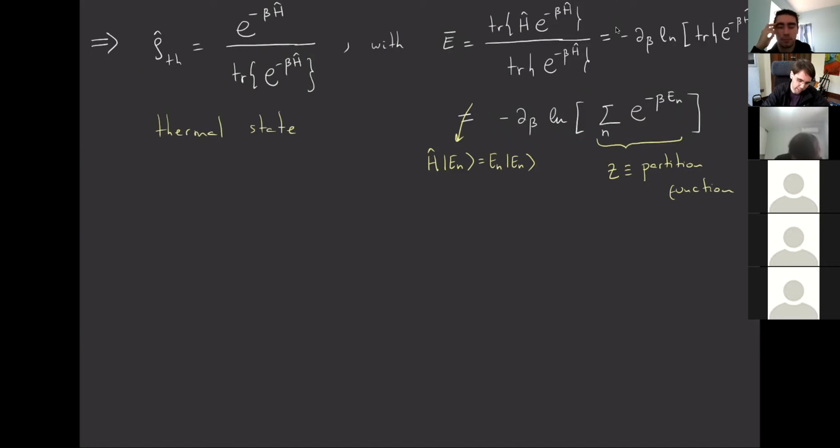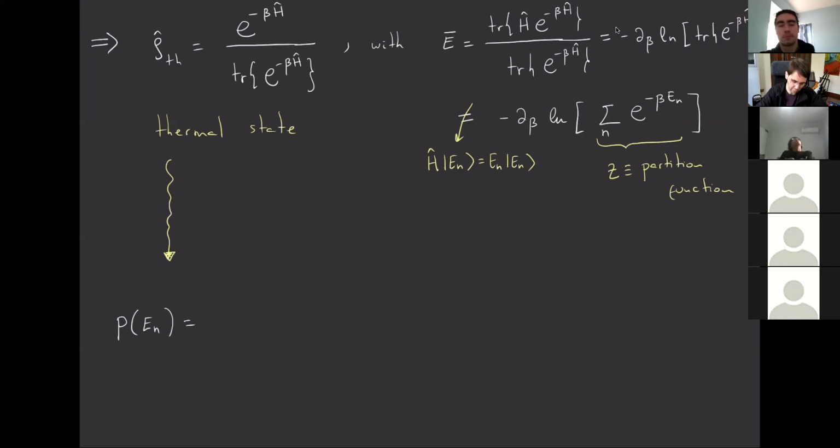And why do we call it thermal state? Because for now, I should call it something like maximally mixed state subject to a constraint or something like that. The reason why we call it thermal state is the following. What happens if I ask you what is the probability of obtaining in an experiment, when you measure the energy, obtaining eigenenergy En?